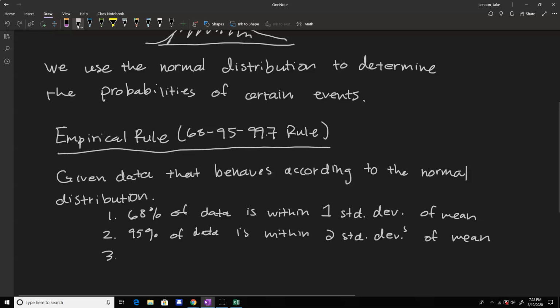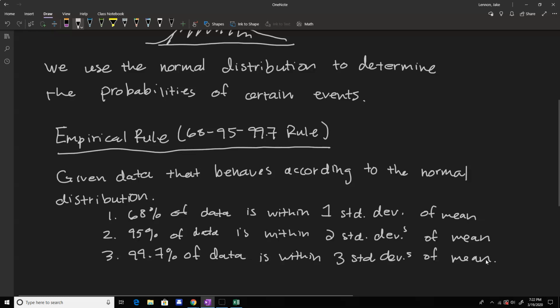And 3, if you go 3 standard deviations on both sides of the mean, you contain 99.7% of all observations. So probabilistically now we've identified how much of the data is a certain distance from the mean.